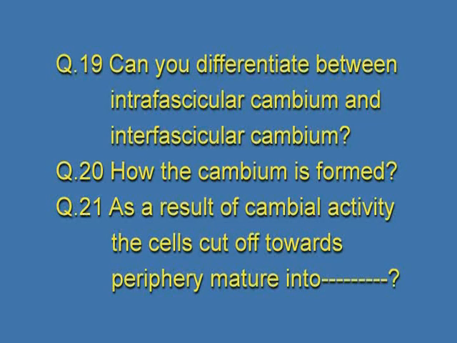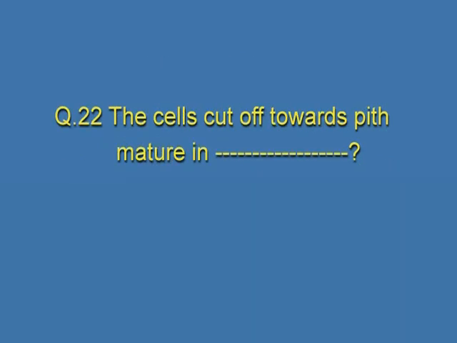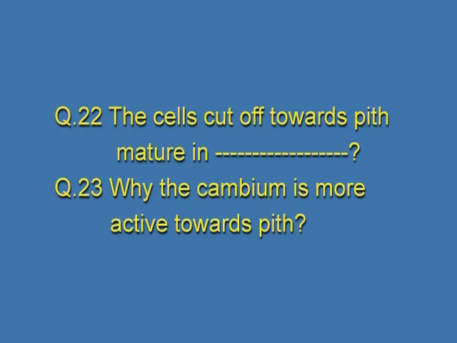Now, as a result of cambial activity, the cells cut off towards the periphery mature into, fill in the blanks. The cells cut off towards the pith mature into, fill in the blanks. So, dear students, try to fill in these blanks. Why is the cambium more active towards the pith?